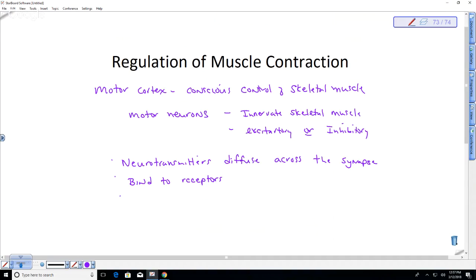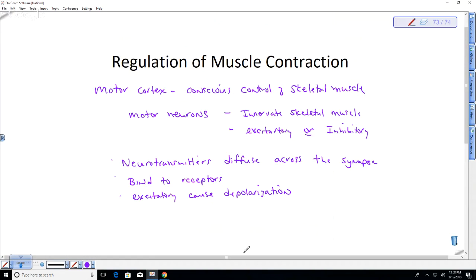If excitatory, it causes the depolarization of the membrane. So this depolarization is the same thing that we were talking about when we were talking about the depolarization of a neuron, right? So the excitatory causes the depolarization.